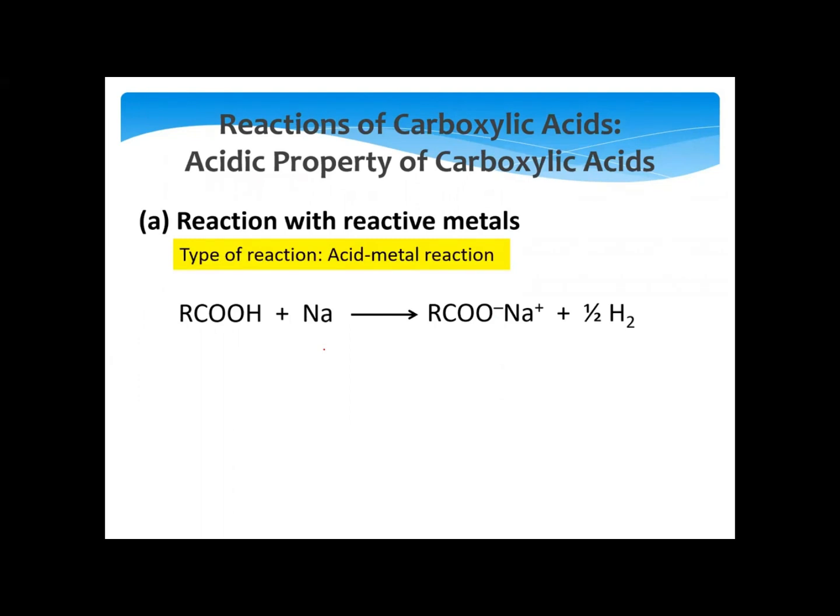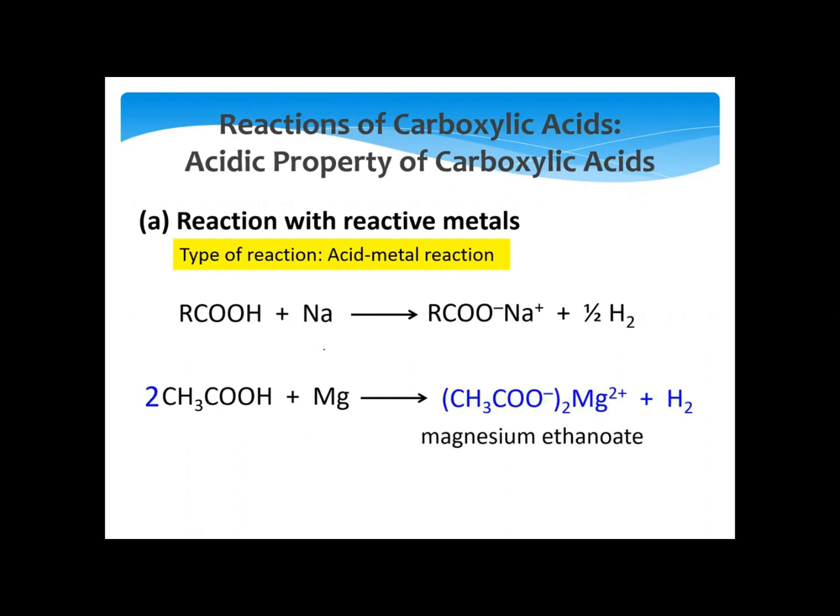The type of reaction is acid-metal reaction. If I have a carboxylic acid and a reactive metal, I'll form a salt. In this case, it will be (CH3COO minus)2 Mg2 plus, magnesium ethanoate.